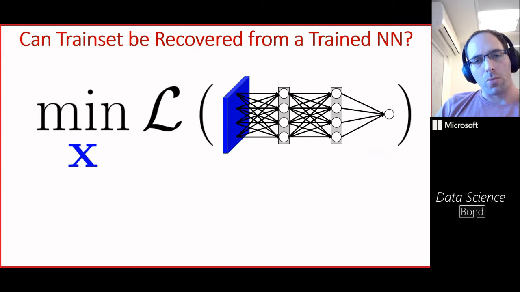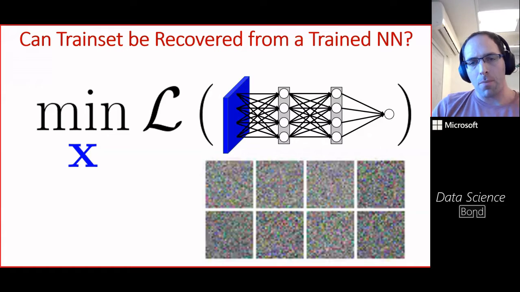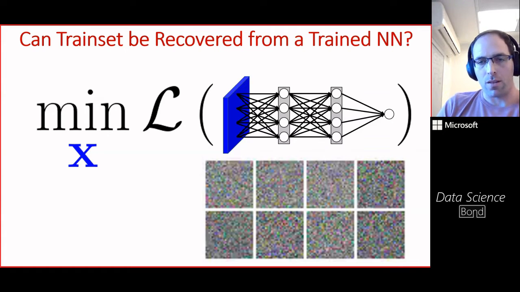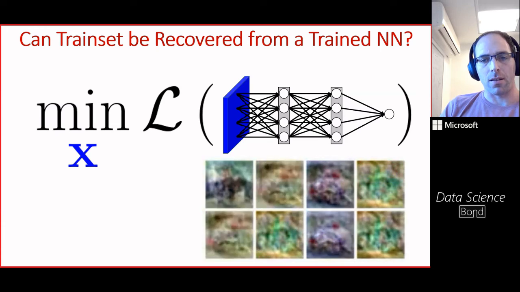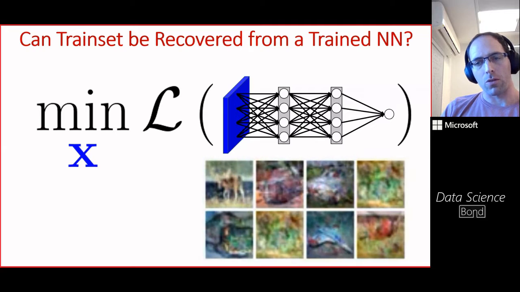And we want to solve this optimization problem with respect to some loss. So we will just sample some inputs at random. So this is how it looks. And then we are going to optimize this loss. We're going to tweak, to change these x's in order to minimize this loss. And this is how it looks. And slowly, these x's will converge to samples from the training set.